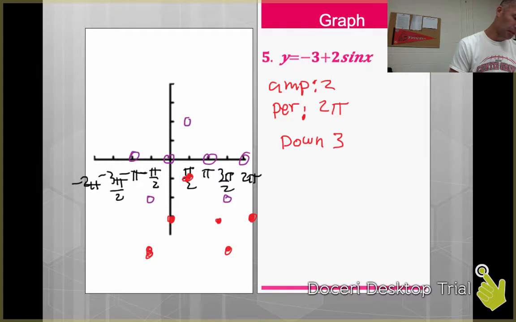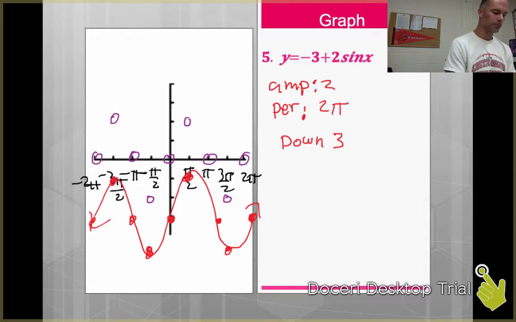I'd come back up to 0, but I got to shift that down 3 units. And then I'd go up to 2, but I got to shift that down 3 units. That puts me at -1. And then I'd go to 0, but shift it down 3 units. All right, there's that graph.